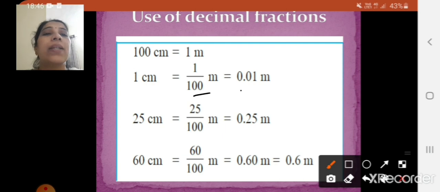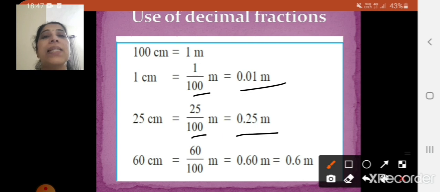So you will write it as 0.01 meter. Now 25 centimeter is equal to how many meter? As 1 centimeter is equal to 1 upon 100 meter, 25 centimeter is equal to 25 upon 100 meter. Again 2 zeros in the denominator, so 2 decimal places, so 0.25 meter.